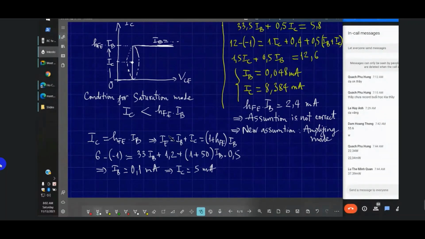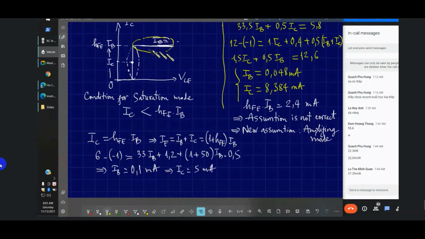All right, and we have to check the assumption if you like. Of course, in this case, we can be sure that the BJT will operate in amplifying mode. But if you would like to check, this is the area for the amplifying mode.